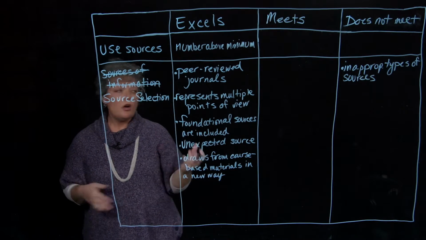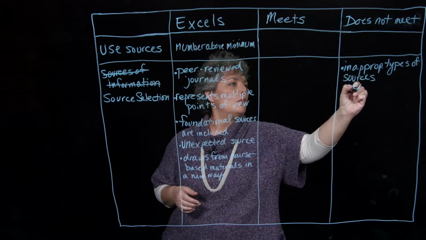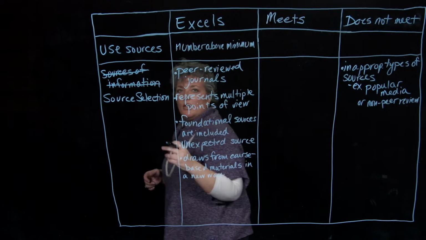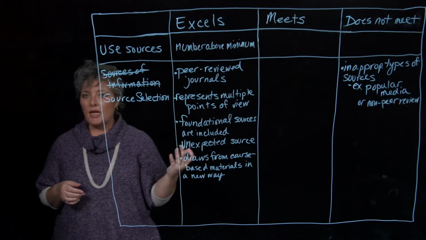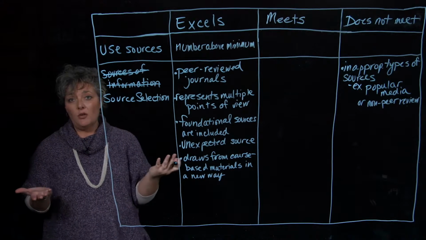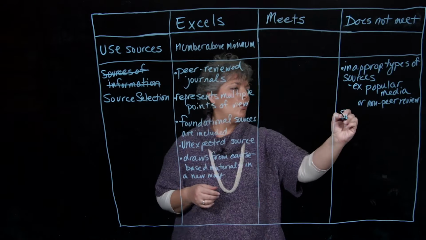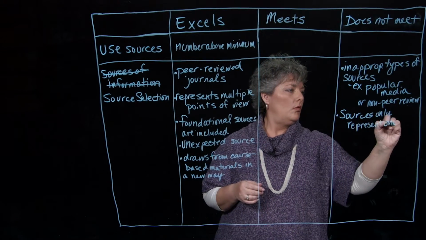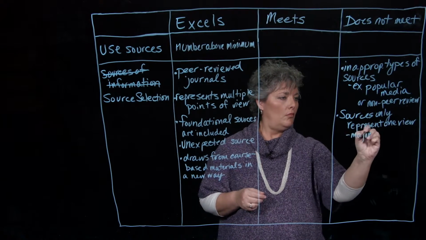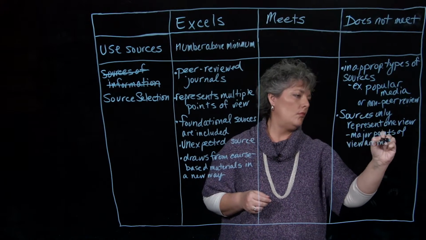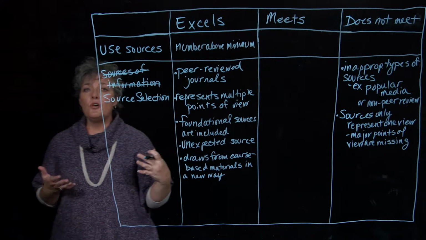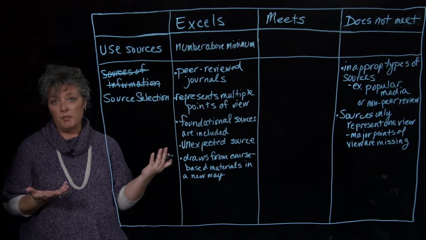Popular media or non-peer review. I can go parallel to the aspects that I consider excellent and define the opposite here. Sources represent only one view. Major points of view are missing. Either foundational or pertinent recent research missing.